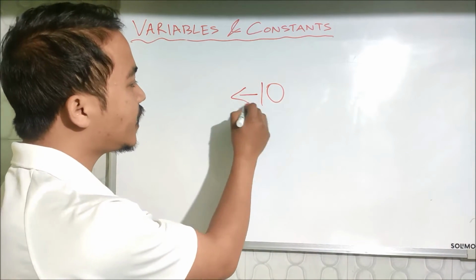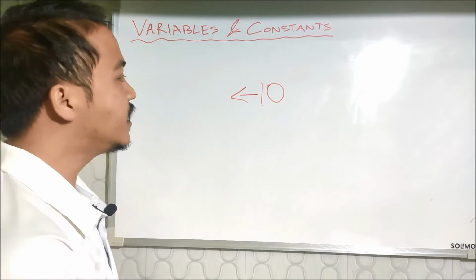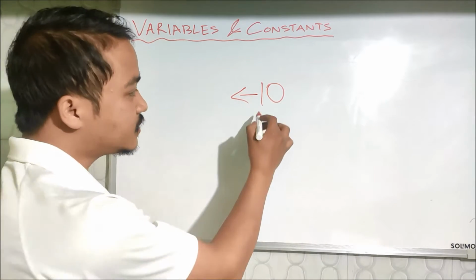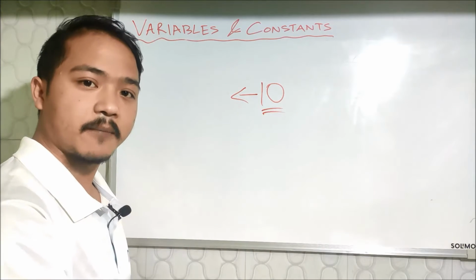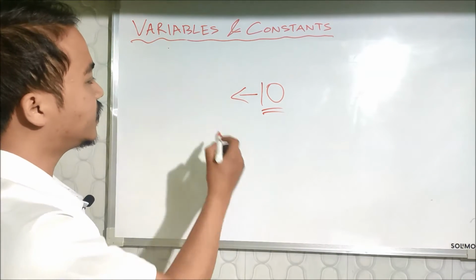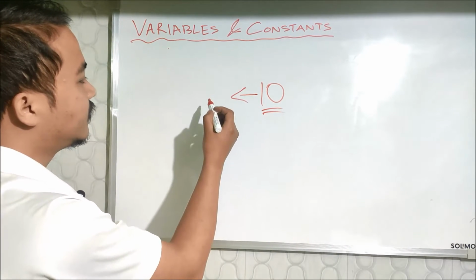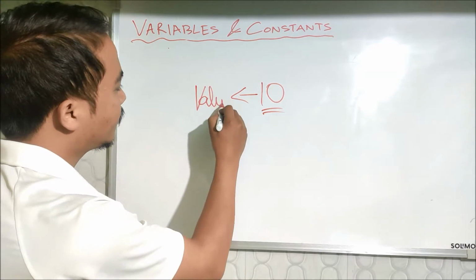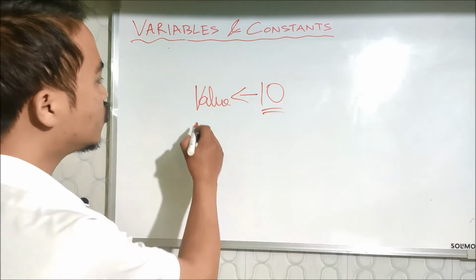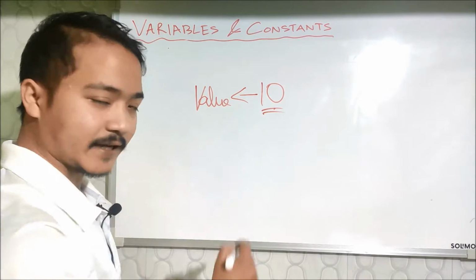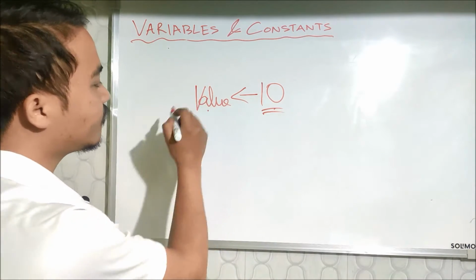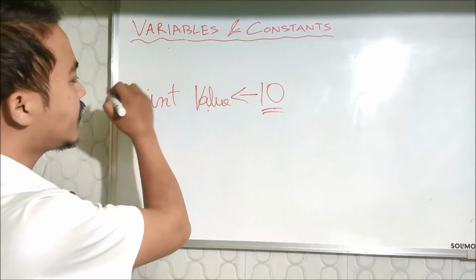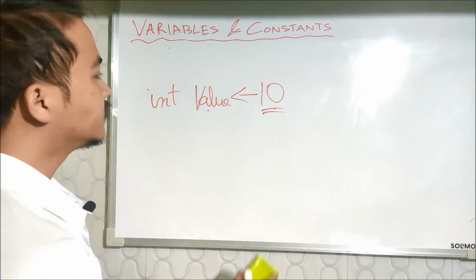You have to give a name to the memory location, so that anytime you want, you can retrieve the data using that name. That name is a variable name. Let's say we want to store 10 in a variable named value, and let's say the data type is int.